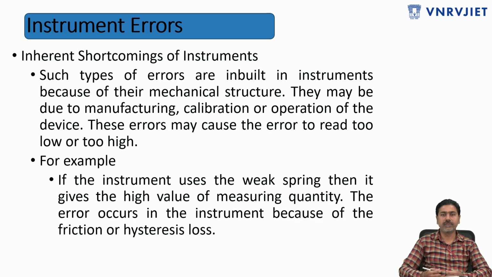For example, if the instrument has a weak spring, then when we add the load, even if it is within the range, it may not sustain, it may break, or it may give very high or very low values instead of the actual or very close to the actual values. So this is one type of instrumental error. If a sudden fluctuation happens and a sudden high current passes through the circuit, some components in the circuit may get damaged or go into saturation, so it will give some instrumental error.